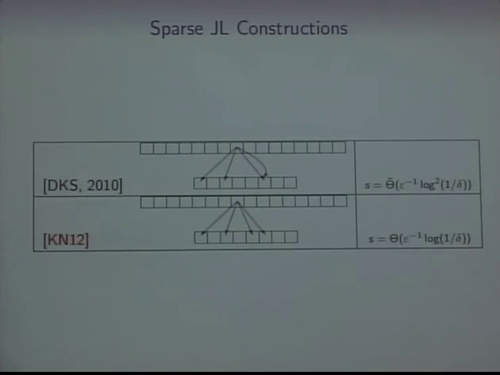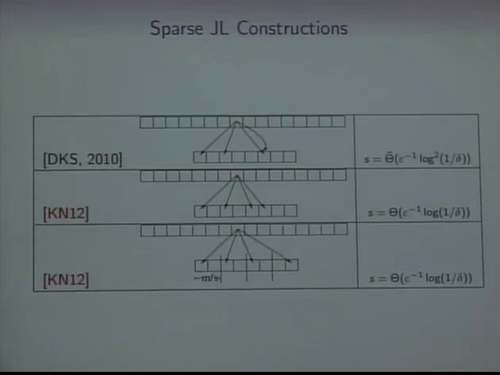And what do we give in our work? Well, first we just show that if you hash without replacement, instead of log squared 1 over delta, you get log 1 over delta. And in fact, that's not an artifact of the analysis. You can show that if you hash with replacement, you really do need log squared. And we also give a different construction, which is basically, if you draw it the right way, the count sketch from the streaming literature, which says that in the target space, you're going to break up your m coordinates into s blocks, each of equal size m over s.